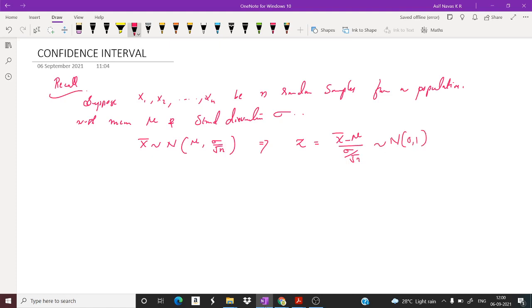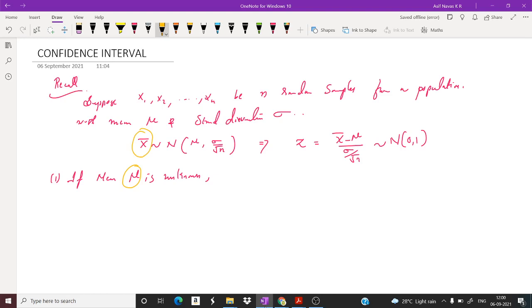Now, if the mean mu is unknown, we don't know what the mean mu is, that means the mean of the population is unknown, then we can estimate the mean in an interval by using the sample mean.